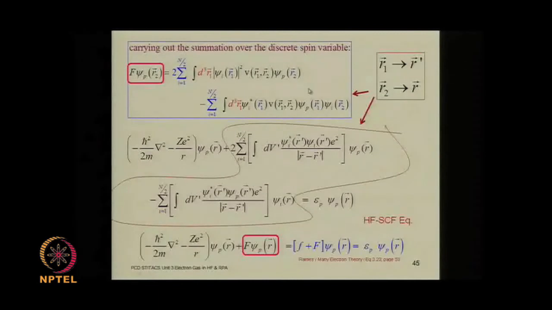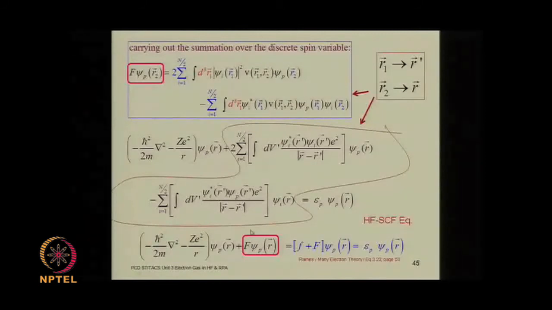This term is nothing but f operating on psi p of R2, which is what we have just seen in the previous slide, and therefore, this whole term which is inside this closed loop is nothing but f operating on psi p.